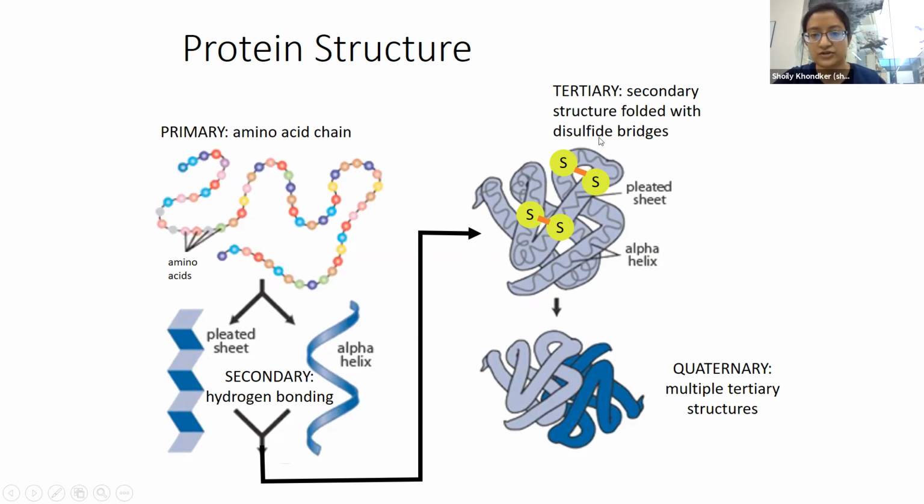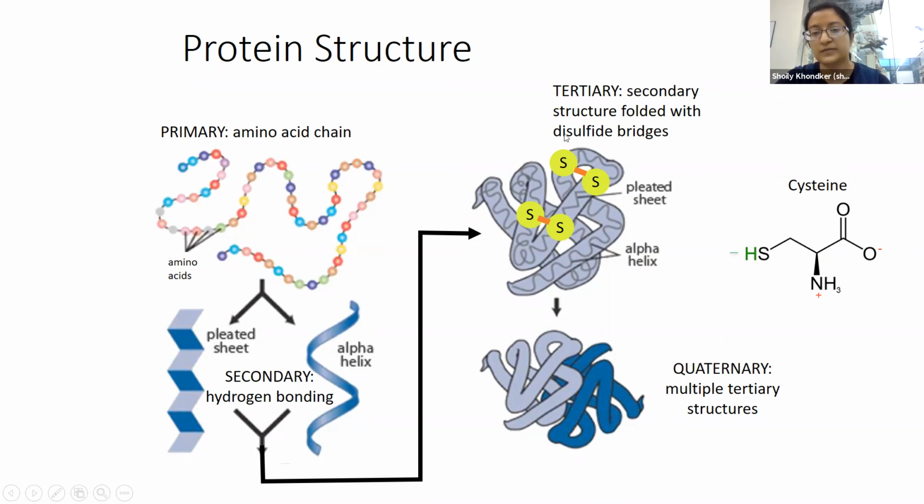And then tertiary structure is a secondary structure that is formed by disulfide bridges. So you may remember from the first session, there's one amino acid called cysteine that has sulfur in its side chain.